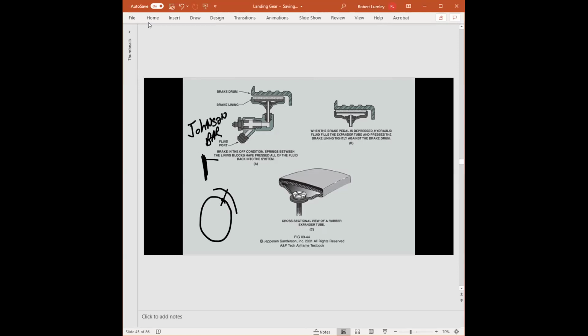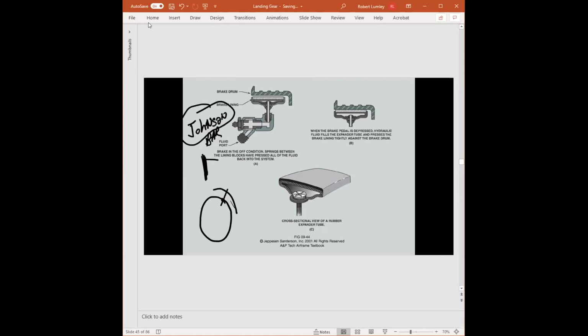Anybody see the joke there? Okay, I'm going to call on you, Silva. I missed it. Oh, okay. For mechanical brakes, there was a bar that the person had to pull on to operate the brakes. The bar is called a Johnson bar.